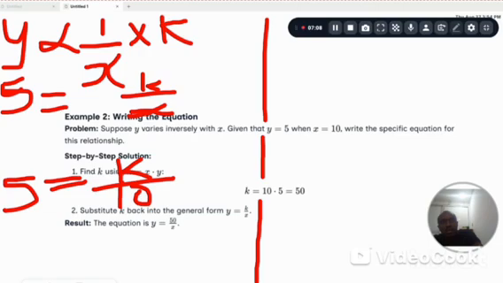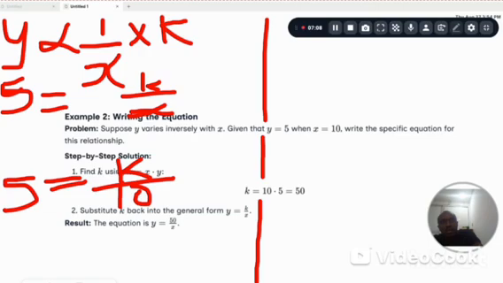Now let's proceed to express the relationship between x and y with an equation. Now, we're having this again. Y equals, the k now is 30. Y equals 30 divided by x.